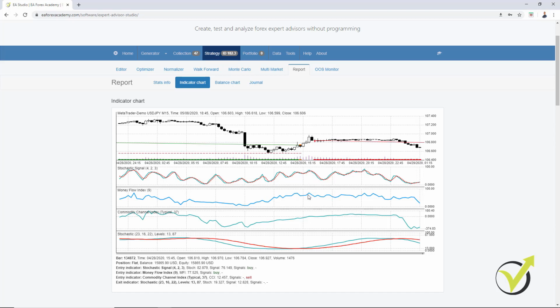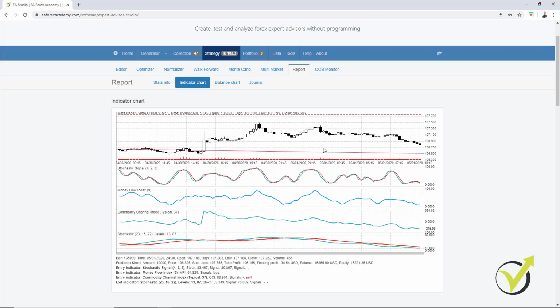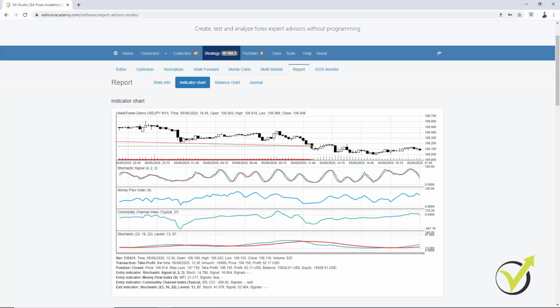And we have the confirmation here from the money flow index, which falls. As we said, for a long trade the money flow index should be rising, and here it's falling. And the third one, the CCI indicator rises, and for the buy it should be falling. So we have just the opposite from the rules that are in a long trade, and you will see that this trade went to positive, and we have our take profit reached just a couple of days later.